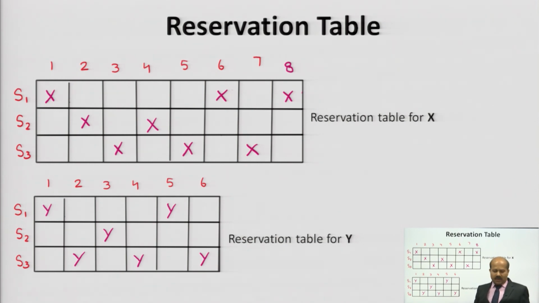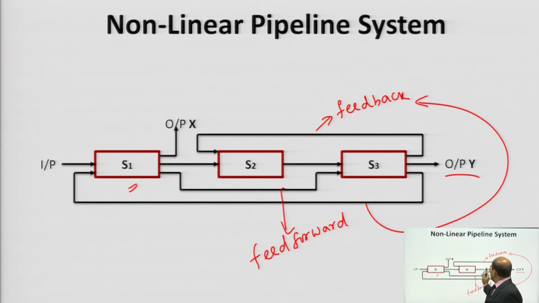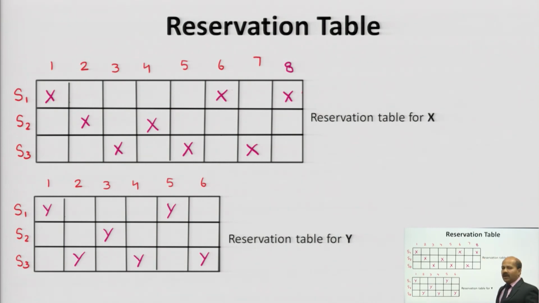and from S3 we jump back either to S2 or to S1, because there are feedback connections. S3 cannot finish this reservation table, cannot stop the instruction execution of type X, because S3 produces only Y type of instruction, and the first reservation table stands for X type of instruction.